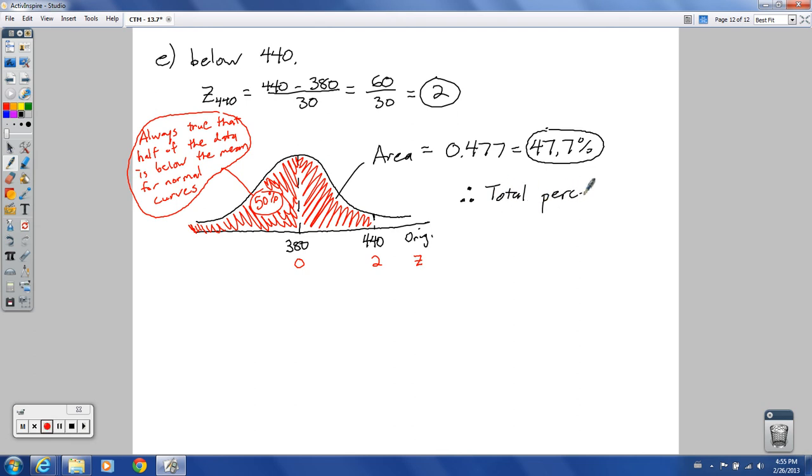Total percent below 440 is you take your 50 plus 47.7 and you have your answer of 97.7% of the data. So that means if this were actually normally distributed in the way that I said it was, that 97.7% of students would score below a 440 on the CASSY. And I think that's actually pretty accurate.